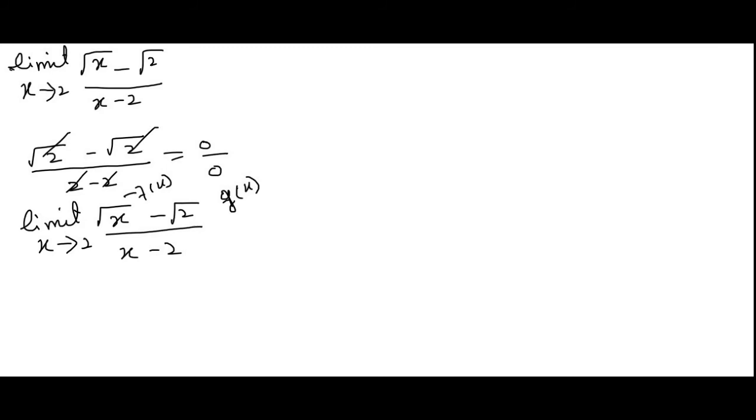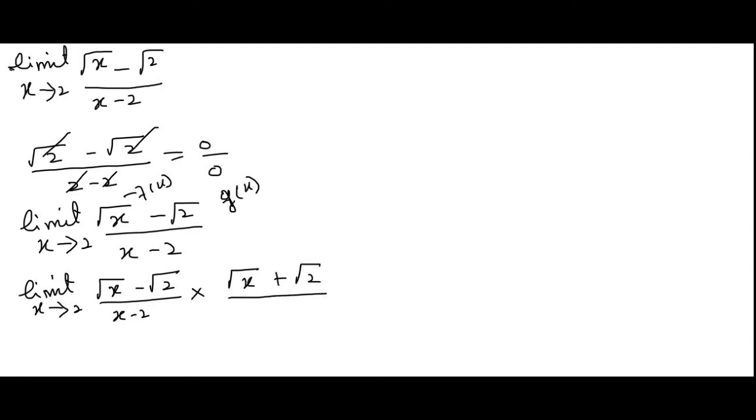So limit x approaches 2, root x minus root 2 over x minus 2 multiplied by root x plus root 2, whole divided by root x plus root 2.